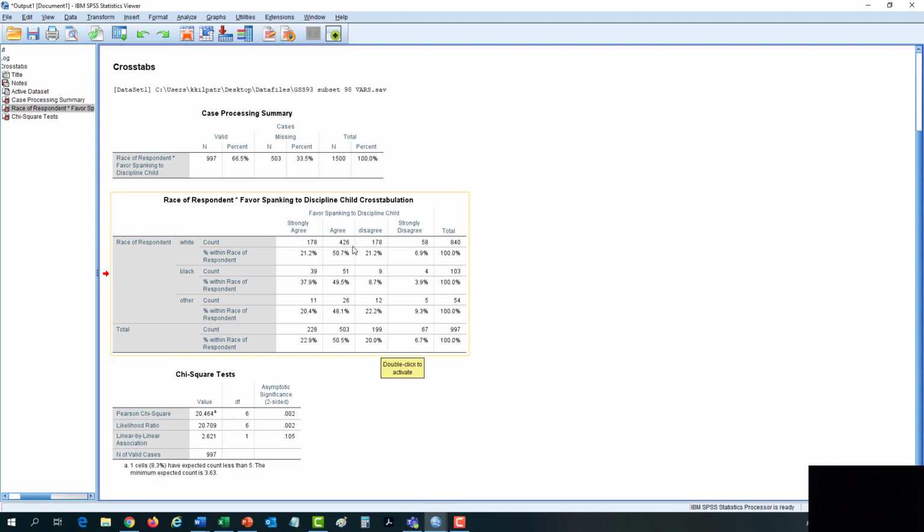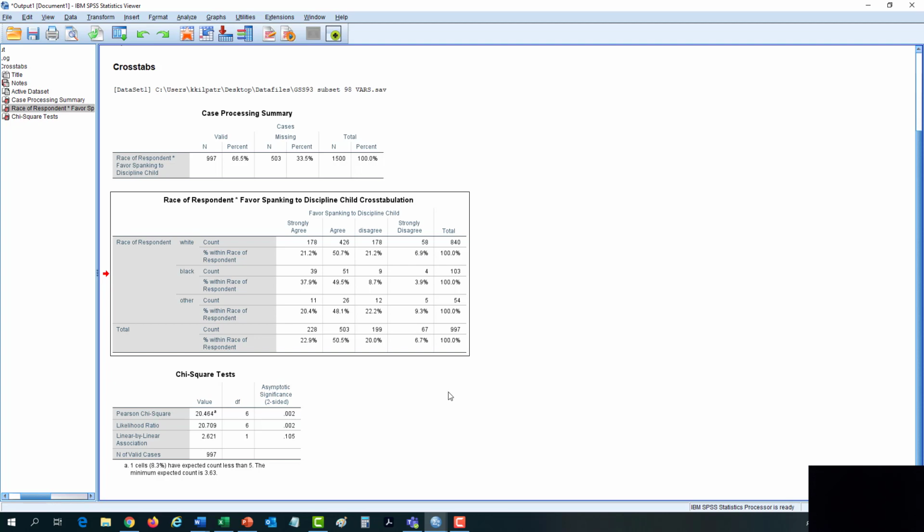For agree, all 3 of them are pretty much the same, right about 50%. For disagree, black respondents have the lowest percentage, and white and other are right about the same, 22%. And strongly disagree, other respondents have the highest percentage, but there's really not much of a difference here.